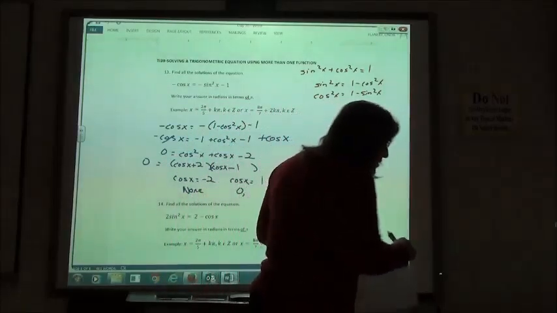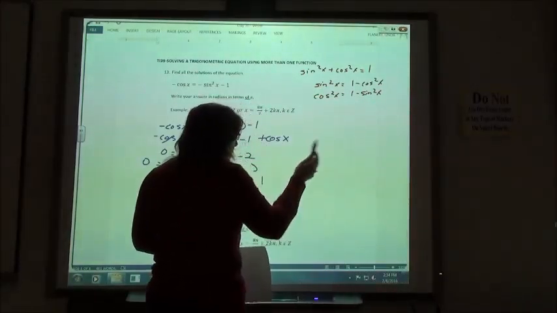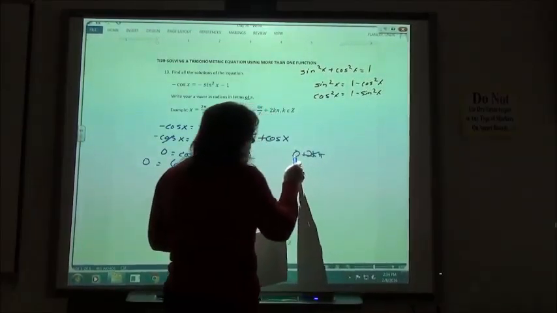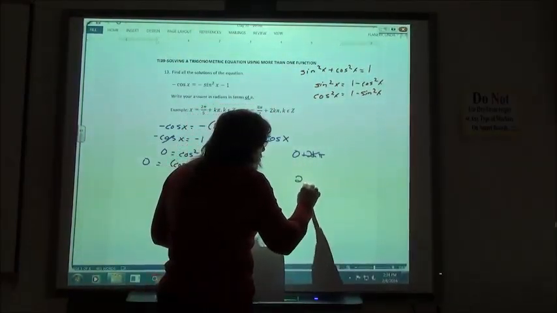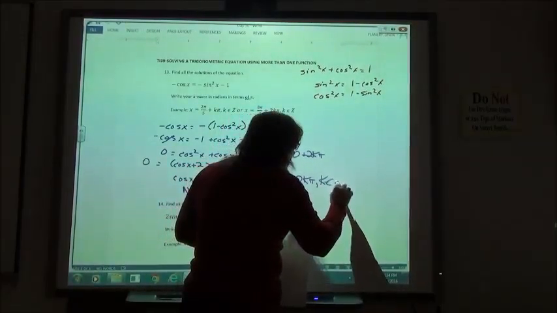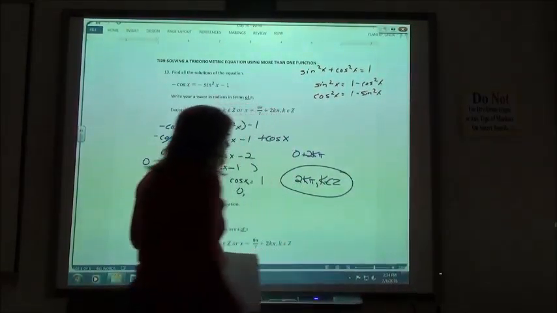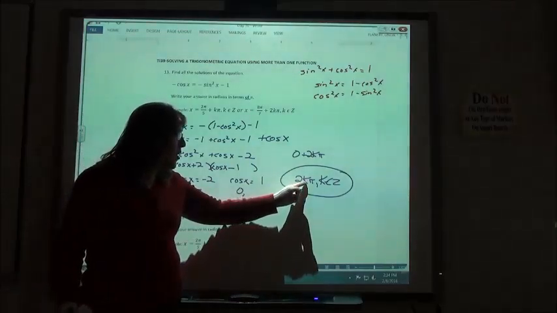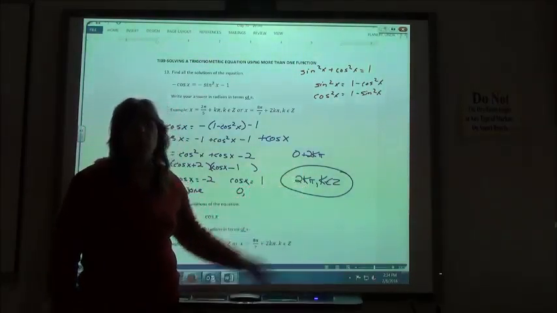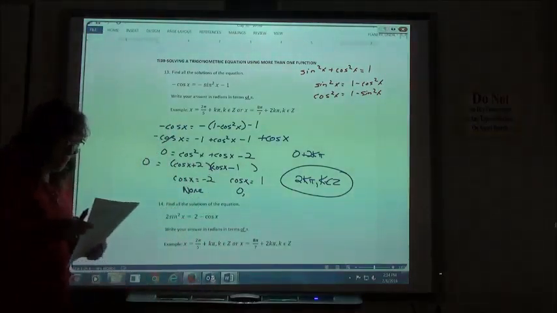So in this case, I'm just going to have one answer. Again, normally I'd have 0 plus 2k pi, but I don't need the 0 in front. So just 2k pi with k being an element of z. So if k was 0, I'd have 0. If k is 1, I'm going to have 2 pi. If k is 2, I'm going to have 4 pi, and so forth and so on.